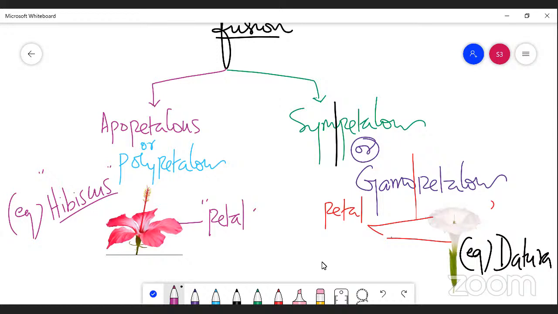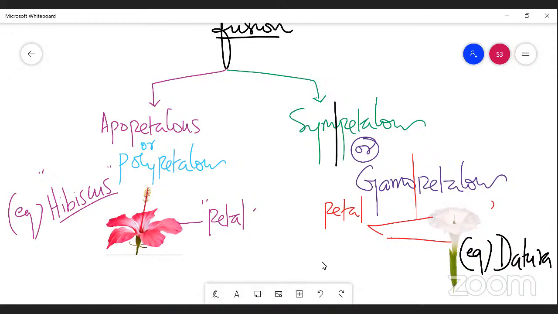It is called Sembaruthi in Tamil. That is the best example for apopetalous because the petals are freely originated, without joining, without fusion. Whereas sympetalous means the petals are fused, or jointed, in a flower, and for that I can give the example of Datura metel, which has a white flower.